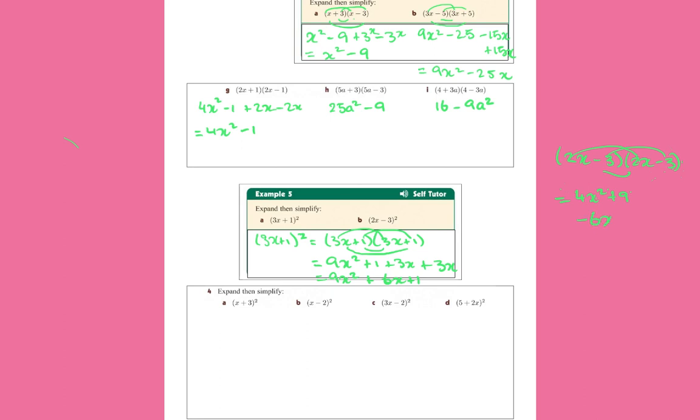Negative 3 times positive 2x, negative 6x. And 2x times negative 3 is negative 6x. Okay, so we've got 4x squared minus 12x plus 9. Have a go at the ones in the box here and then check your answers on the next page.